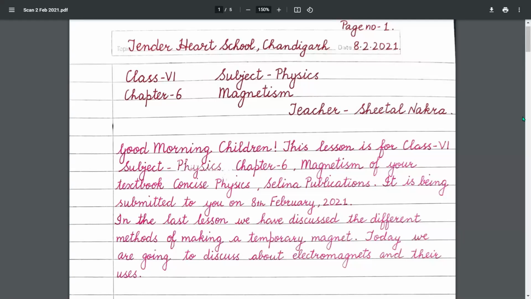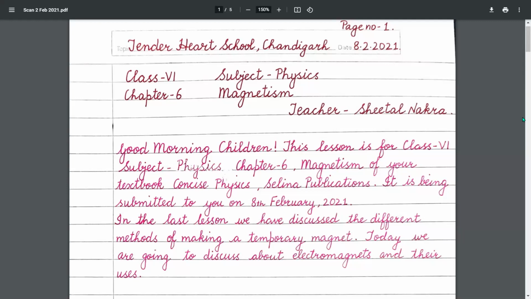Good morning, children. This lesson is for class 6, subject physics, chapter number 6, magnetism of your textbook, Concise Physics, Selina Publications.